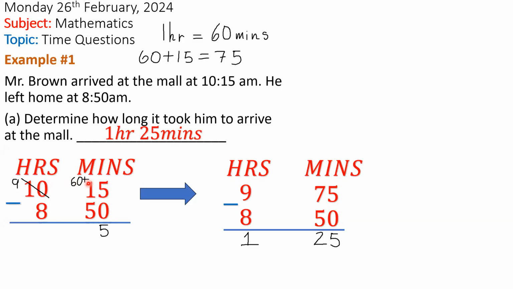So you take away 5 from 75, which is 2... 9 hours and 75 minutes. We subtract 8:50. So 5 minus 0 is 5, 7 minus 5 is 2, and then 9 minus 8 is 1. So it's 1 hour and 25 minutes. Joseph, you understand it now, or you still want me to explain it again?